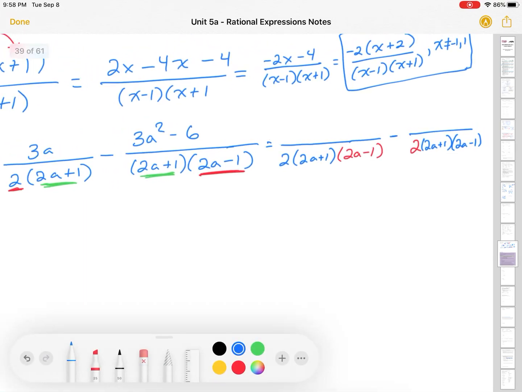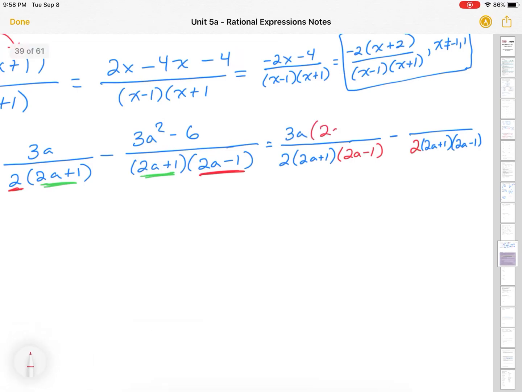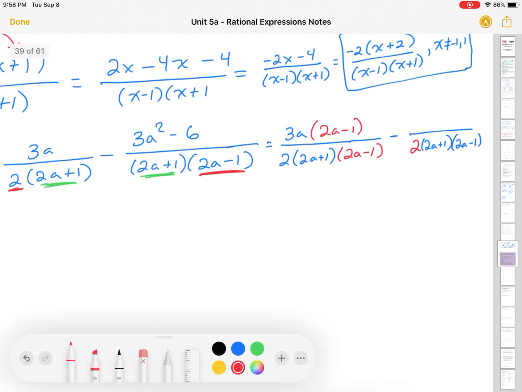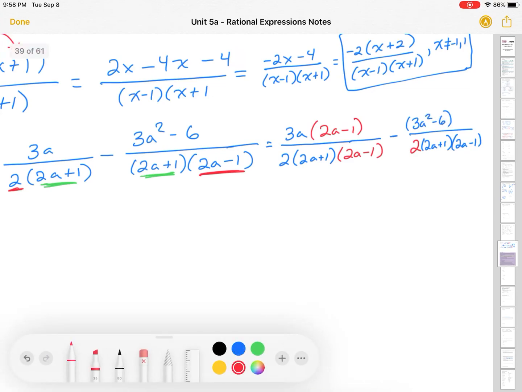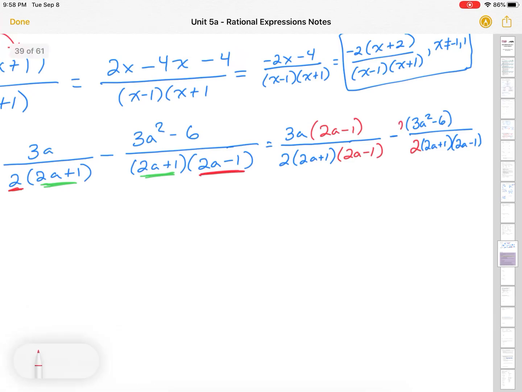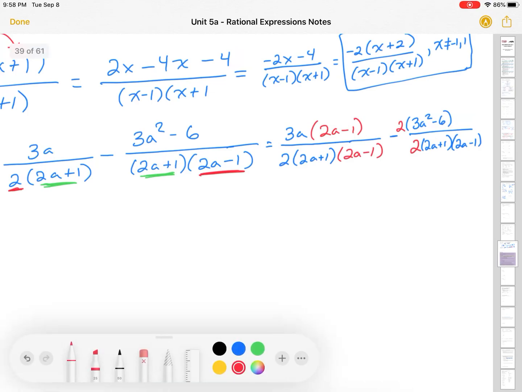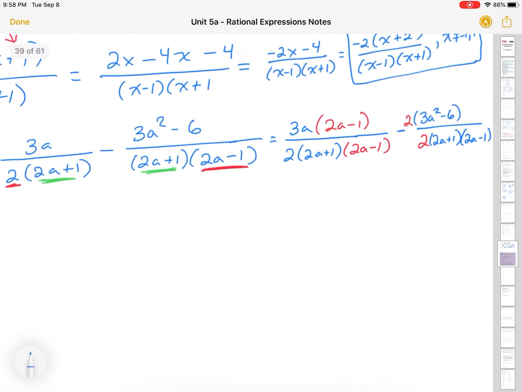So what that means is I have my 3a times the 2a minus 1, and I have my 3a squared minus 6 times the 2. Okay, so you can see I've converted to equivalent fractions because I'm doing the same thing to both.